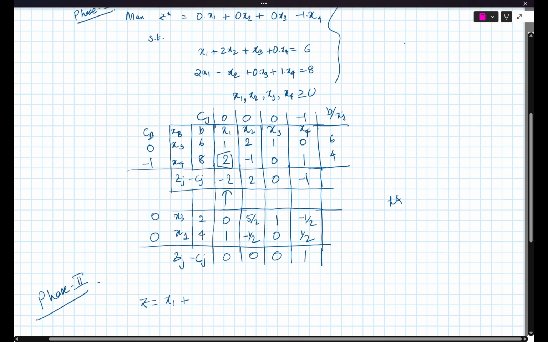Basic variables are x3 x4. cb is 0 0, and the rows are 1 2 1 0 and 1 1 0 1. And I need to do zj minus cj. So again minus 2 minus 4 0 0.